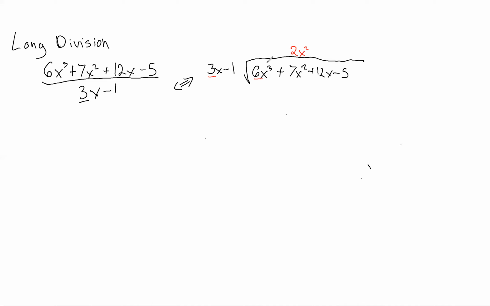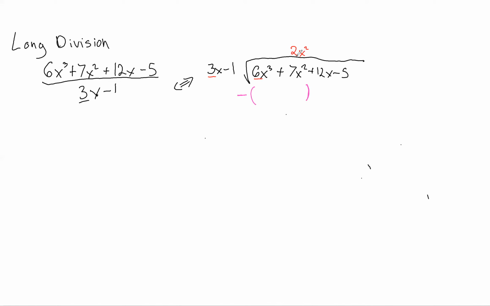And because there's subtraction, I always put my subtraction and then parentheses, just because it helps me remember to distribute that. So now we take this 2x squared and multiply it by each term in the divisor, 3x and then negative 1.